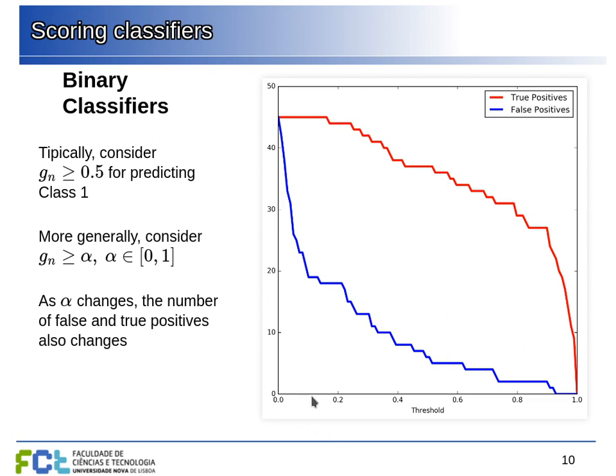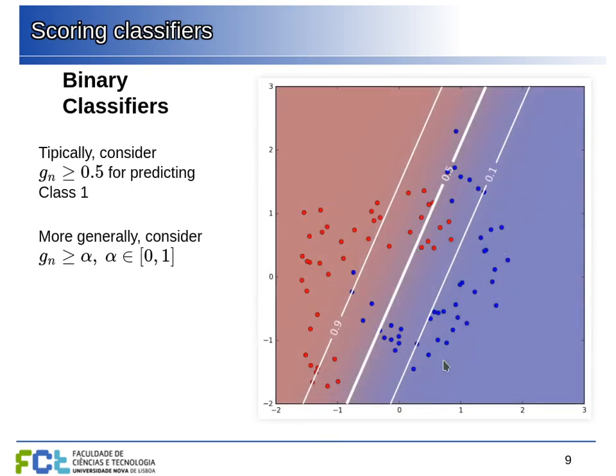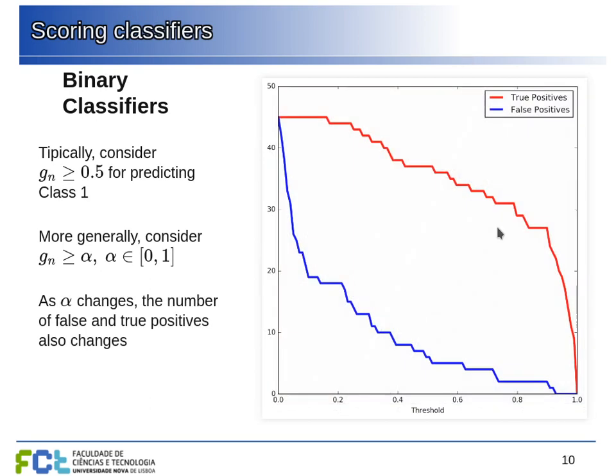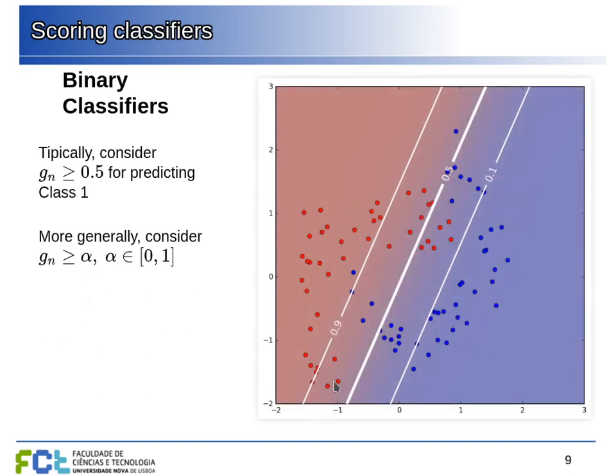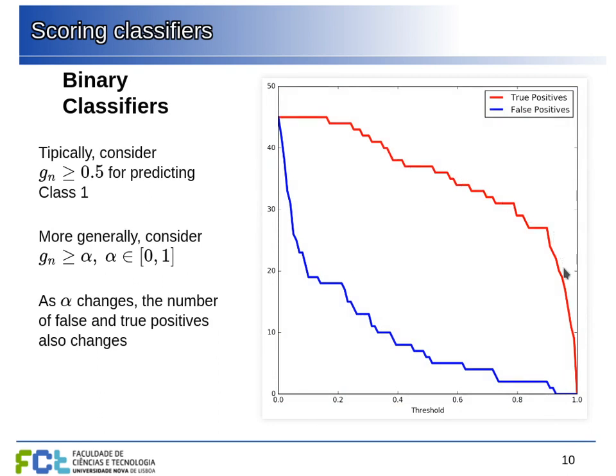As we start increasing the threshold, we start eliminating false positives, because we start drawing lines here that start discarding these negative examples, and we no longer consider them falsely to be positive. However, at some point we start losing true positives. So we start losing these red points here as we increase the threshold. And eventually, if we place the threshold at 1, we have 0 false positives.